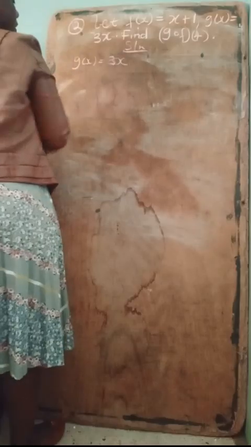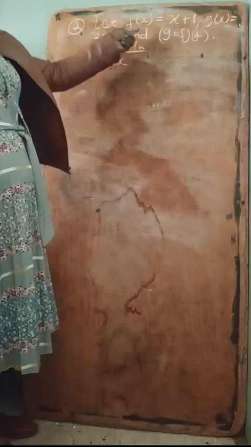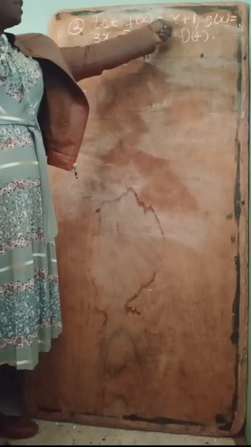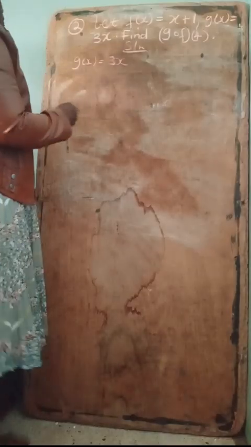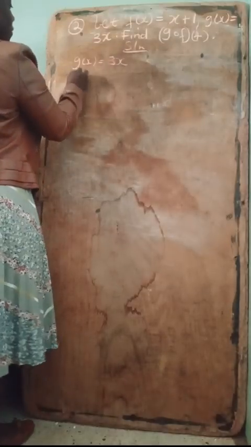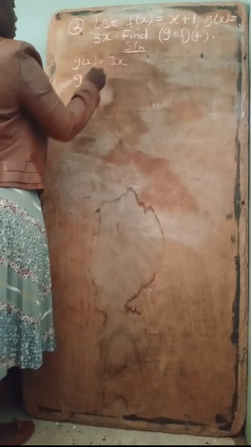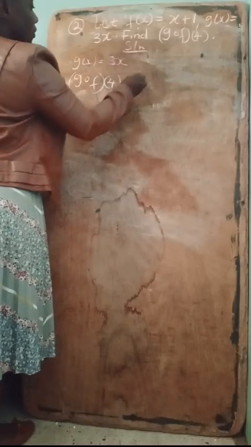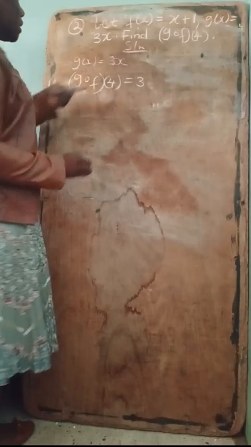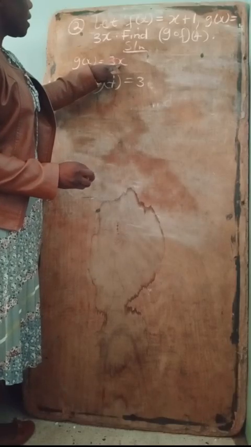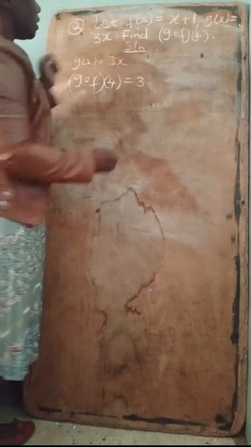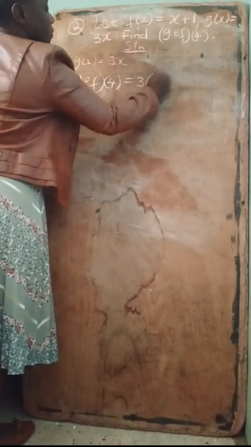So as we said there, first things first. Where there's x, we are putting the function of f this time around. So where there's x, we are putting this function there. So we are going to have g of f of 4 being equal to 3 outside, as we said. Where there's an x here, we are going to put this function, which is x plus 1.